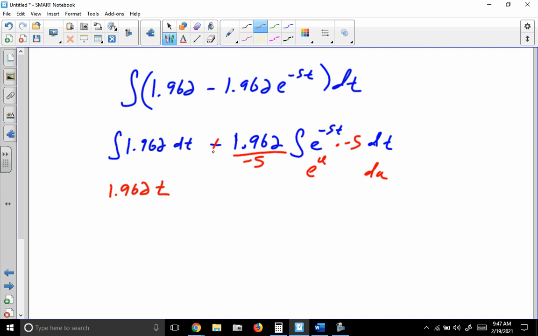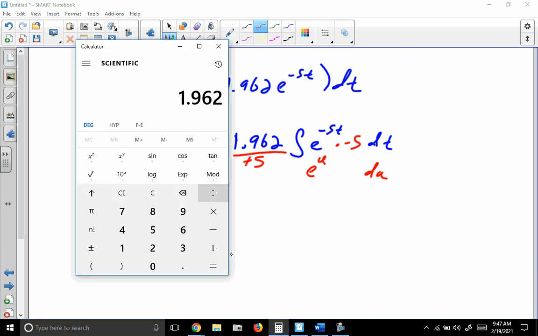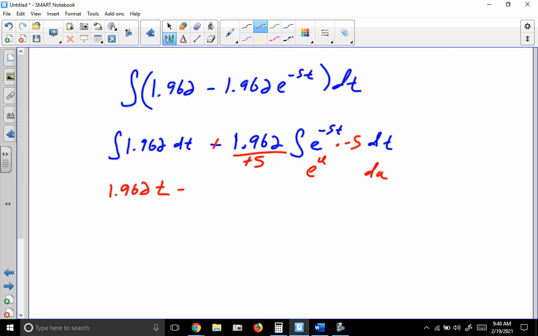Two negatives are going to make a positive. 1.962 divided by 5 is 0.3924. And that's times e to the u, and then plus c. So when we integrate our right side, this is what we get.